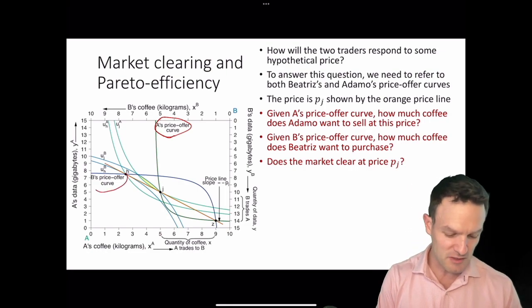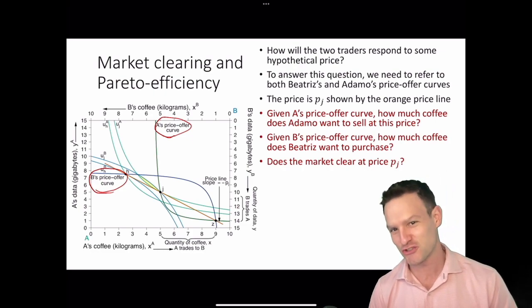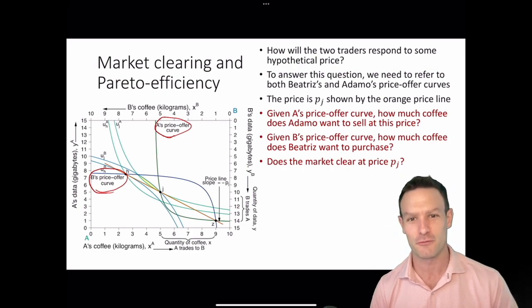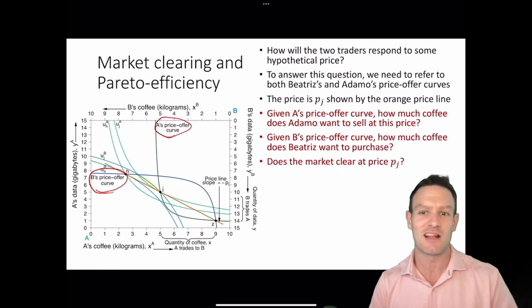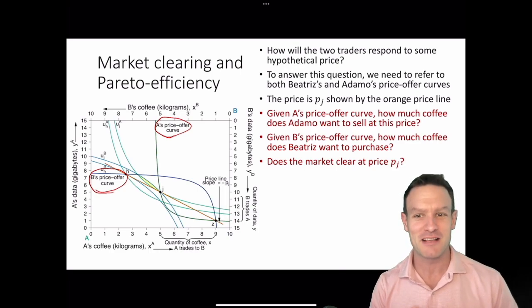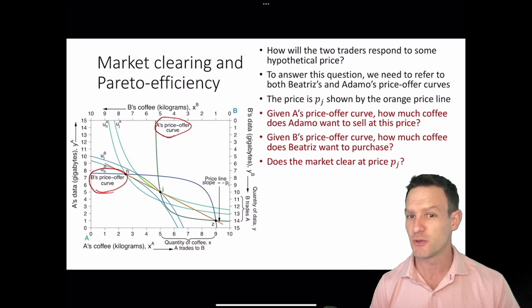Then we do the same thing for Beatrice. Beatrice has a price offer curve that would have been constructed in exactly the same way that we just constructed Adamo's price offer curve. What we're going to see here is that we've got a price line PJ. This price line PJ is telling us some price at which each of them is willing to exchange.